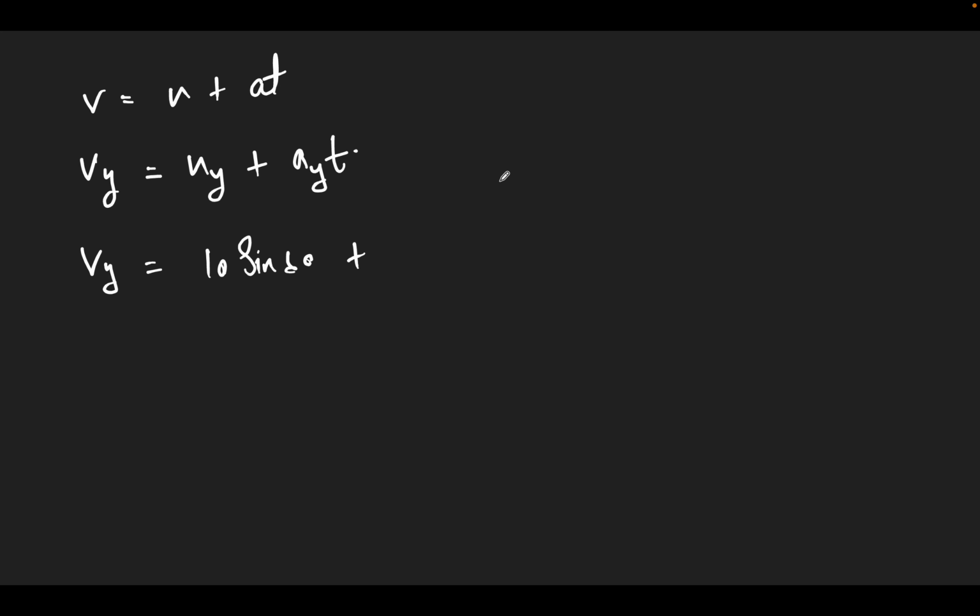The particle was here, it is being thrown like this, and it reached here. What is the acceleration experienced by the body in the y direction? This is the y direction, and this is the x direction. To determine the acceleration in the y direction, see what forces are acting in the y direction.